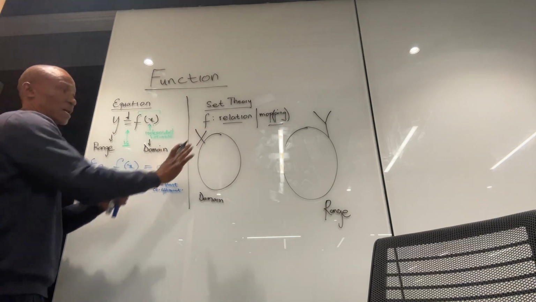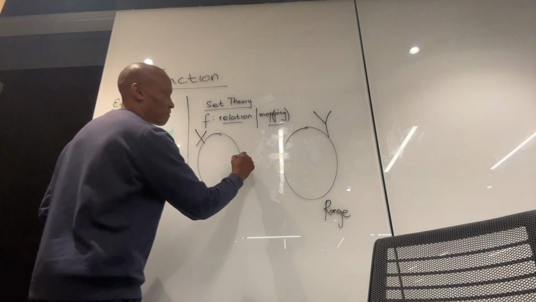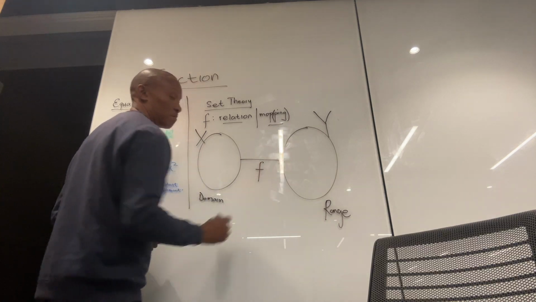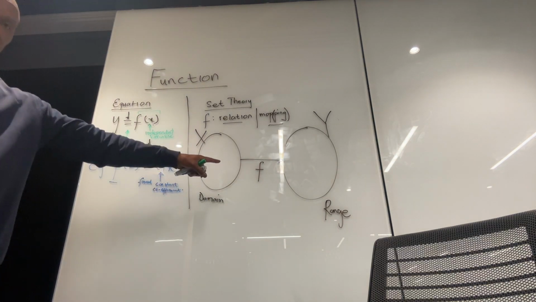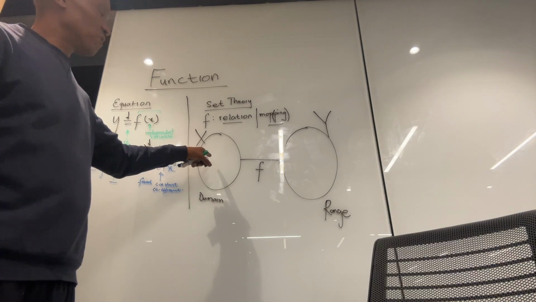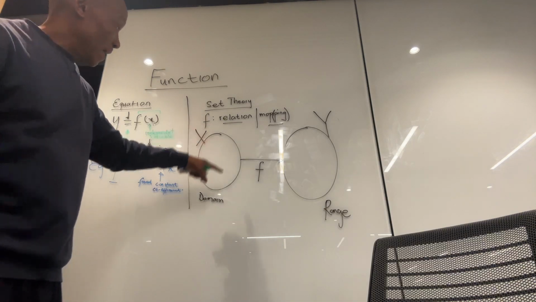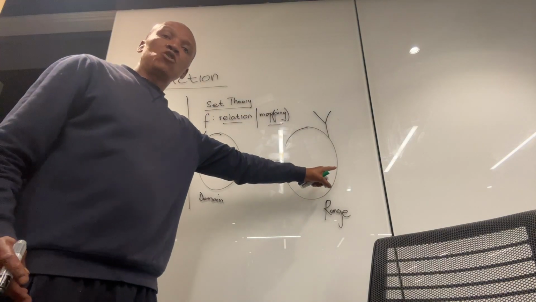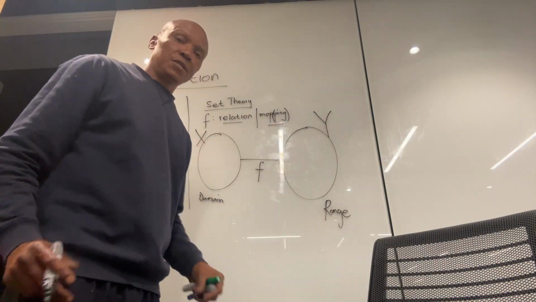Now, with this kind of notation, your f is an arrow. This is your f. That's your mapping, that's your relation. It's telling you that I'm taking values here from a domain and relating them to y in the range.